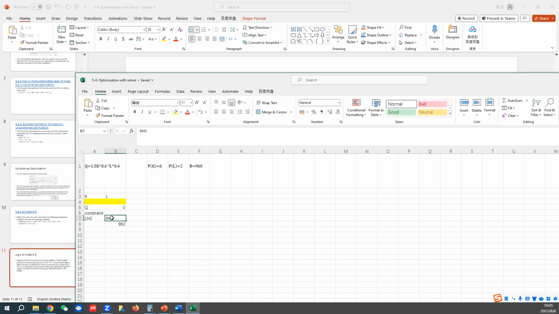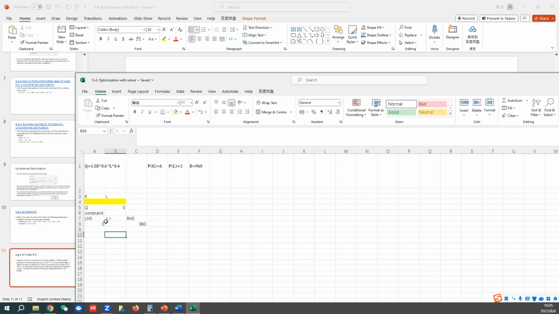It is smaller than or equal to the total budget, and the left-hand side is the total expenditure. That is 6 multiplied by K, the total expenditure on recruiting capital, plus 2 multiplied by L, the total expenditure on recruiting labor.